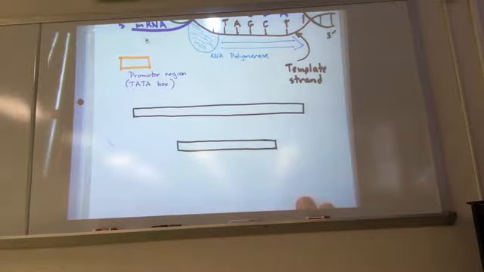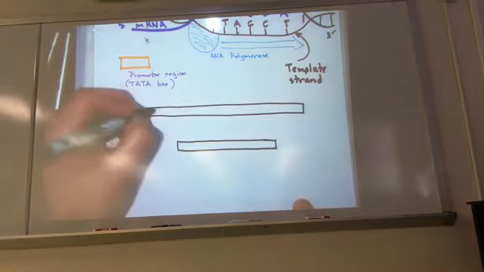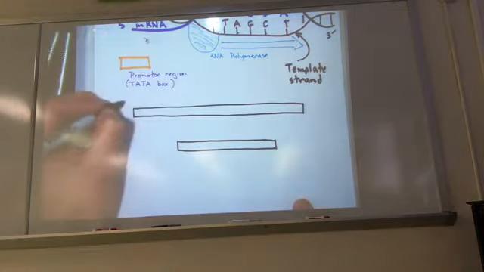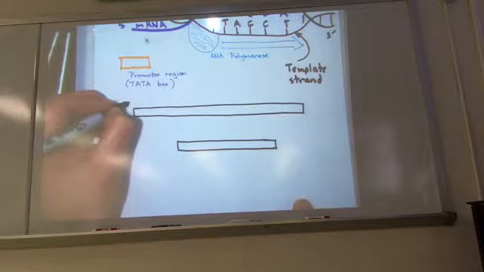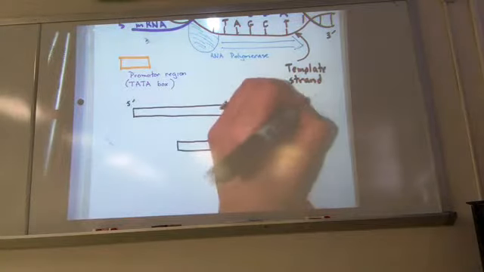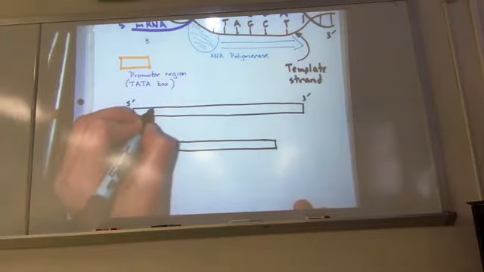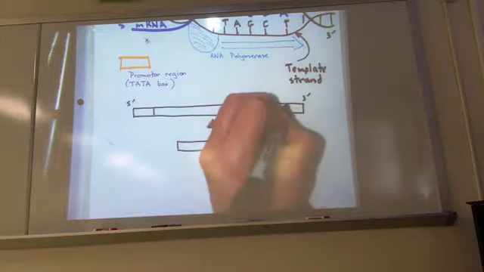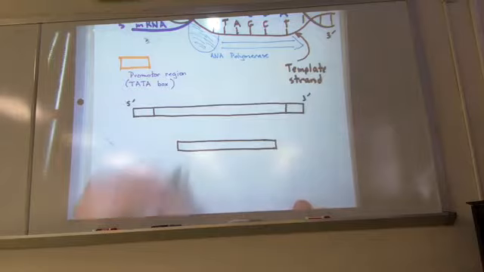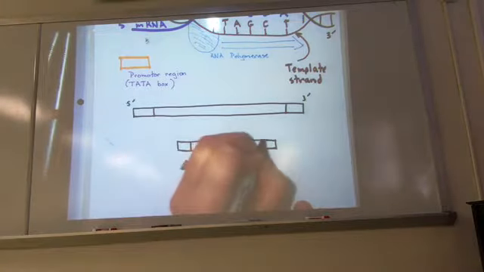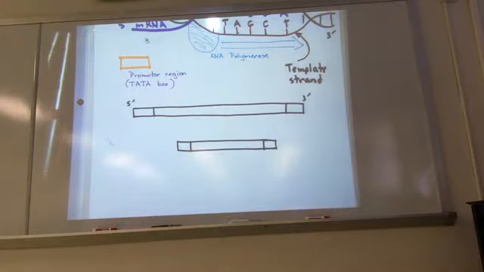This will be my 5' end here, and this will be my 3' end. So I'm going to have my cap and my tail, which we'll have down here as well on the final product. And then in between, we are going to have regions.